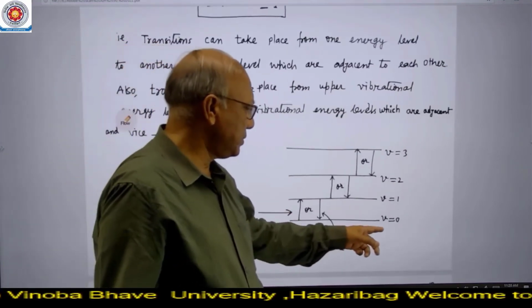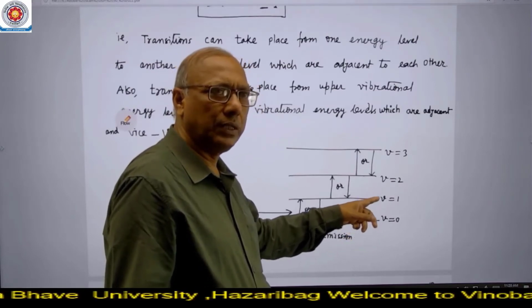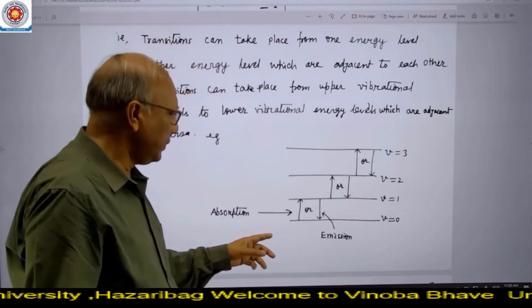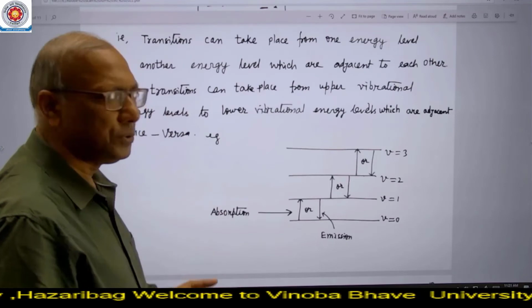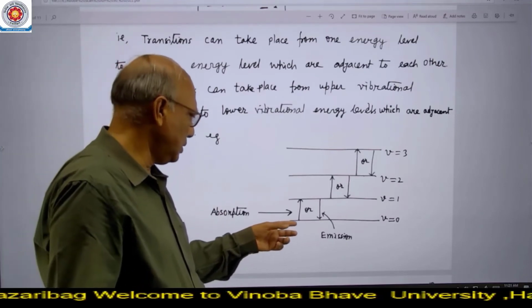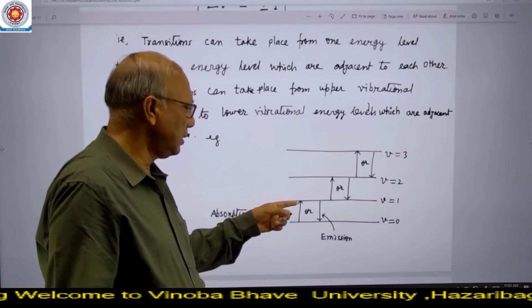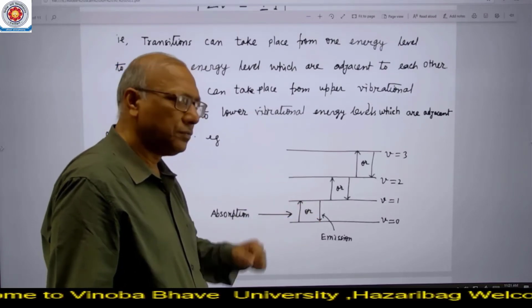Here it is V is equal to 0, that is, the lowest vibrational energy level. Here V is equal to 1, here V is equal to 2, here V is equal to 3, and when a transition takes place to the adjacent energy level, it will be according to the selection rule. So this will be the transition from V is equal to 0 to V is equal to 1. This is also a transition, V is equal to 1 to V is equal to 0.